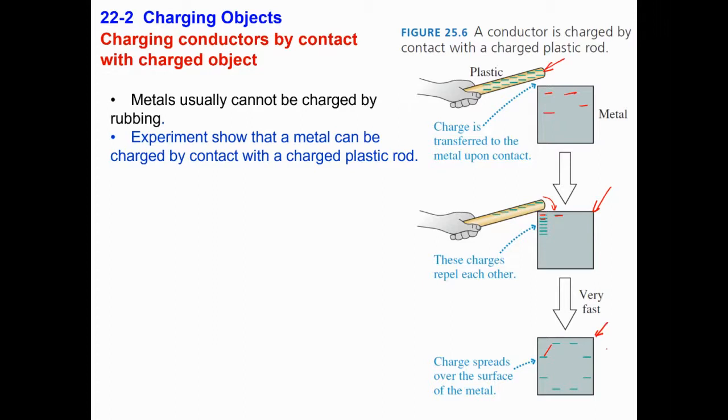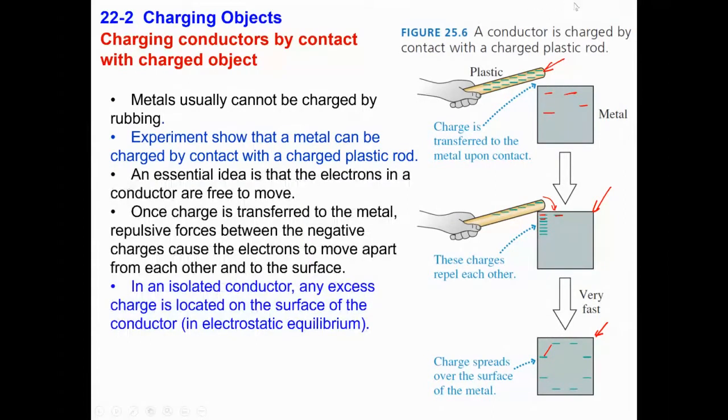We will see this in a future lecture. In electrostatic equilibrium, all the extra charges on a metal or on a conductor will go to the surface of the conductor. Inside the conductor, there will be no net charge, but the extra charge will always accumulate on the outside of the conductor. So the metals or the conductors can be charged by touching.